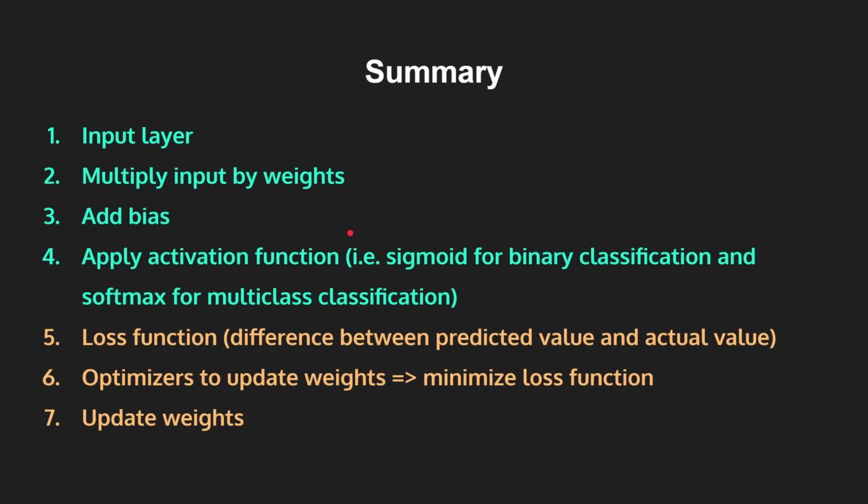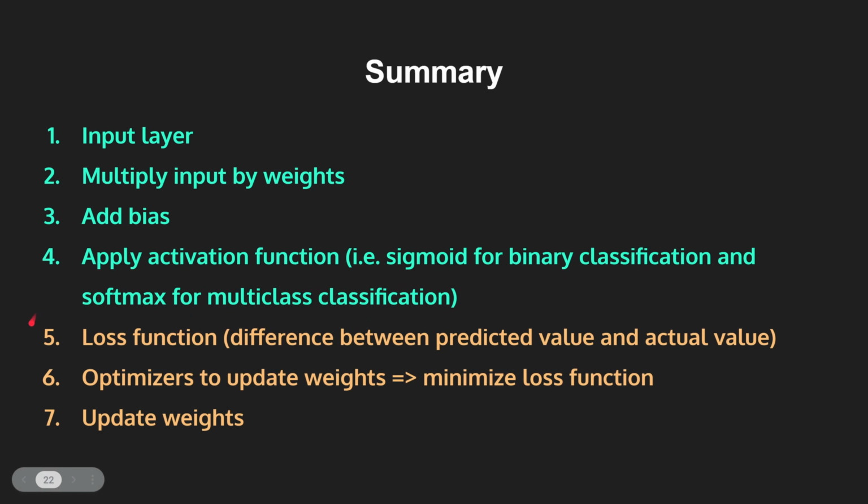Alright, so summary. We have the input layer, and we take our inputs, multiply our input by the weights, add in the bias, and we take that value, apply it to the activation function, and we're using sigmoid for binary classification, right? And if you're doing multi-class classification, you might use softmax, right? And softmax basically works better than sigmoid for multi-class classification.